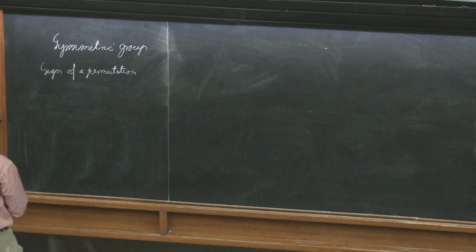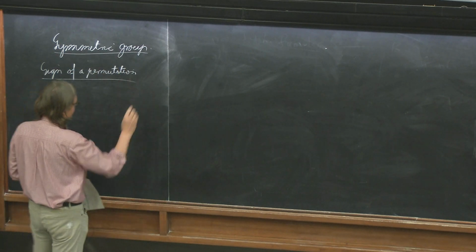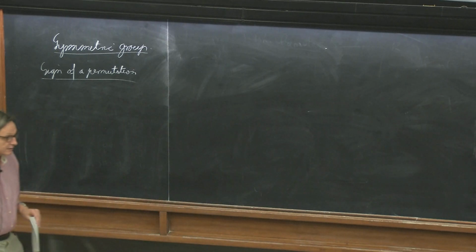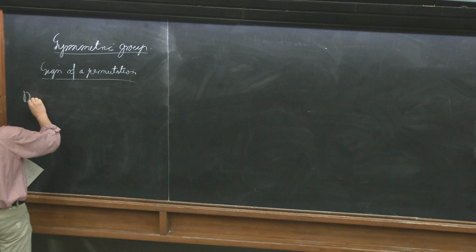So I expect you are familiar with the sign of a permutation, for instance, from linear algebra. It comes up when one does a determinant, but I do it in a slightly different way. I make this slightly crazy definition.